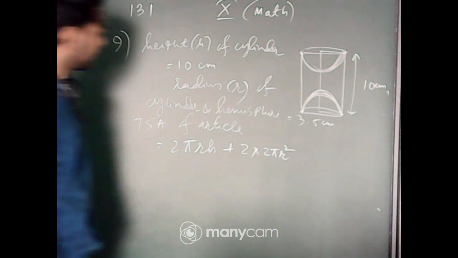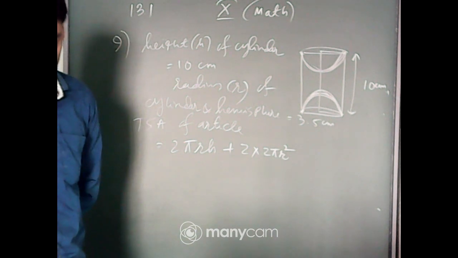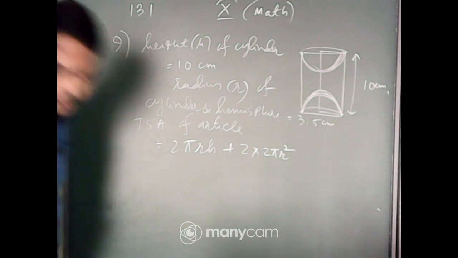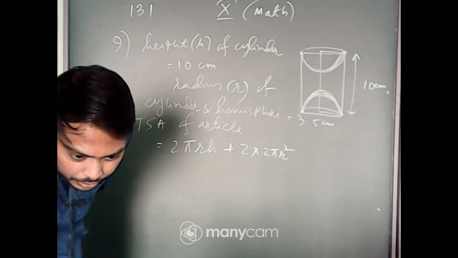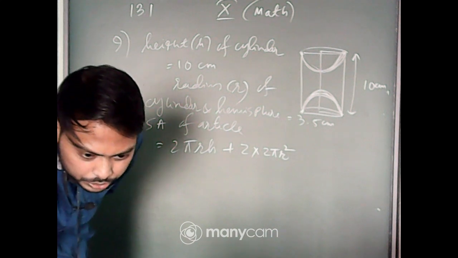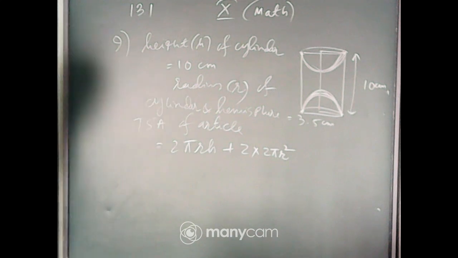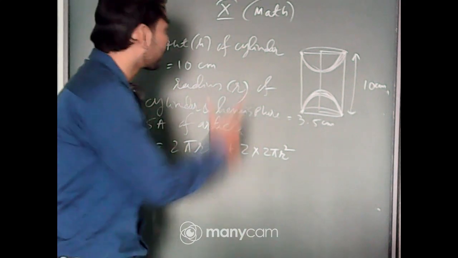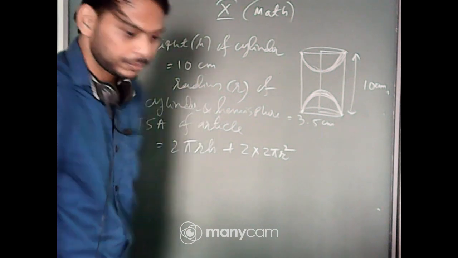CSA of cylinder plus 2 into CSA of hemisphere. That means it will make one pair actually, isn't it?